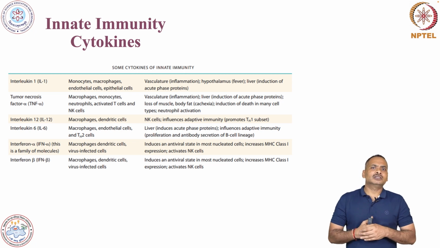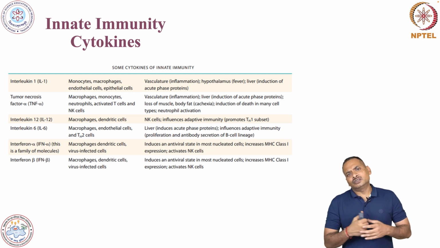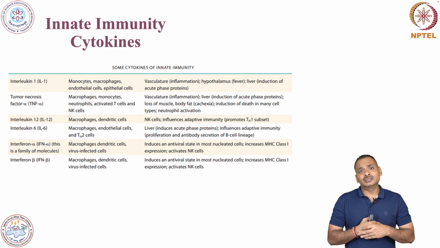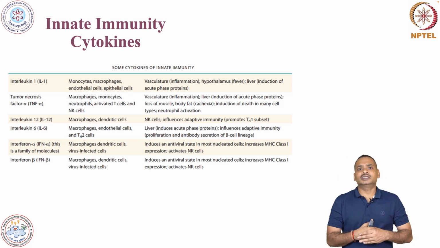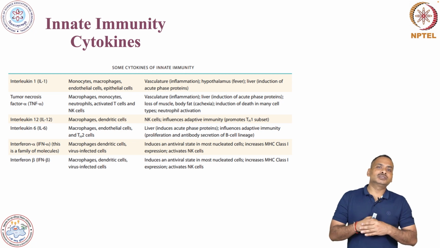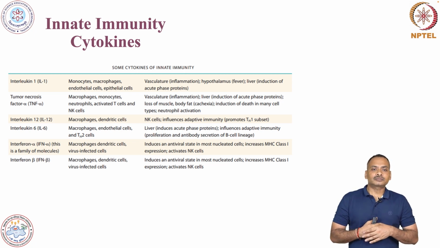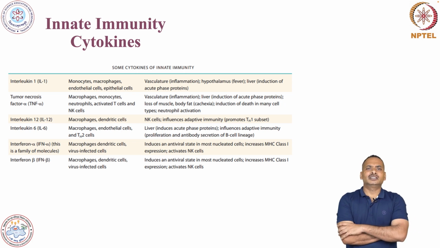Anti-proliferative, they will stop the cell division. They can also act on a variety of immune cells, which includes innate immune cells as well as adaptive immune cells. Innate immune cells such as natural killer cells, adaptive immune cells like B cells and T cells. Okay. So, here I just broadly discussed the innate immune cytokines.